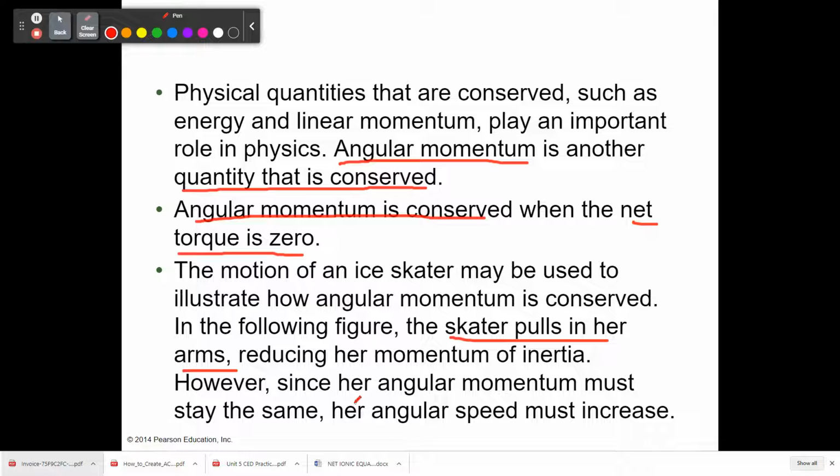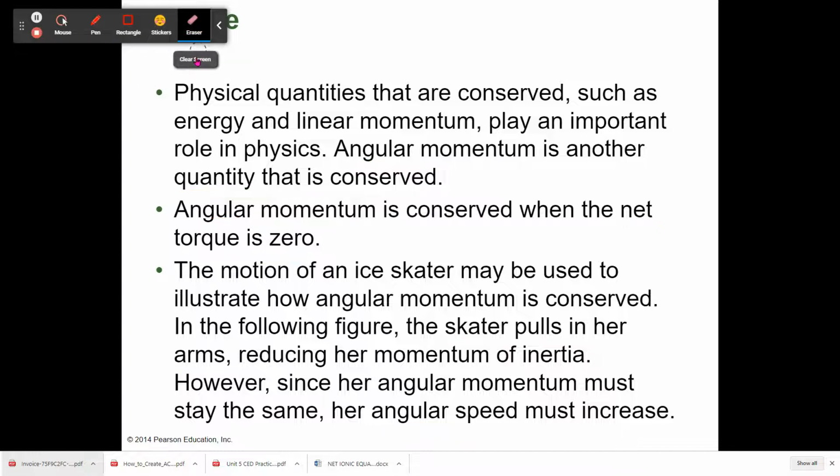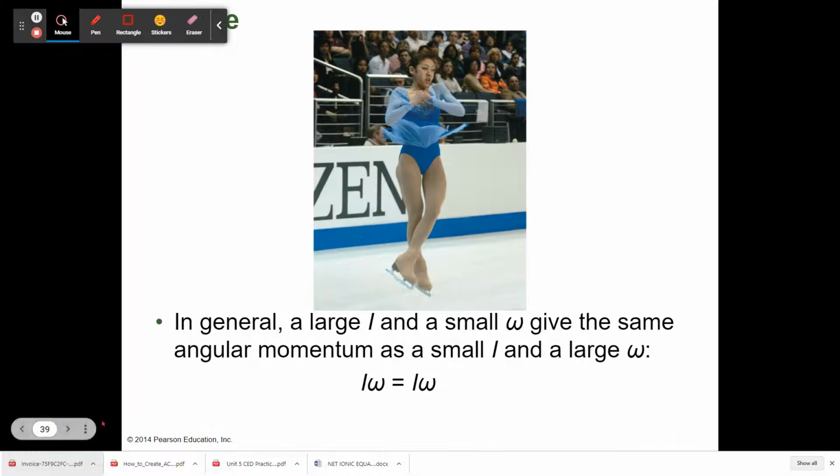Her angular momentum stays the same, but she has a smaller moment of inertia. To keep it constant, her angular speed has to increase, and you'll see her spin faster just by pulling her arms in. We have a diagram of that on the next slide.